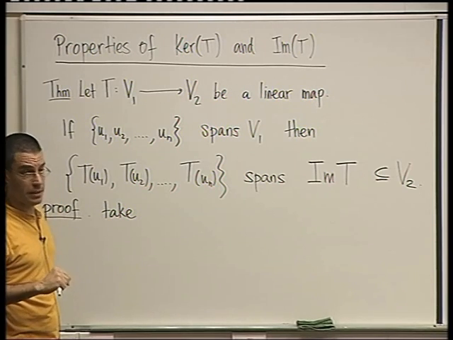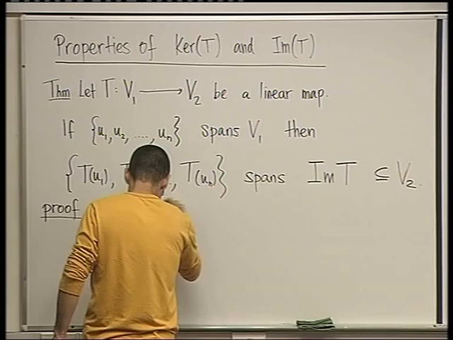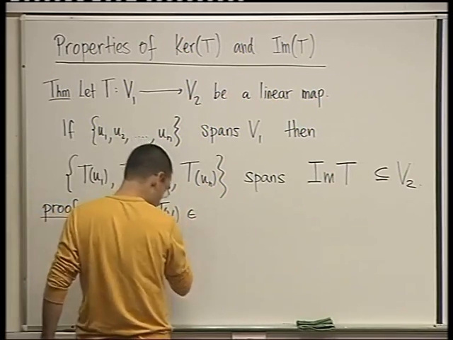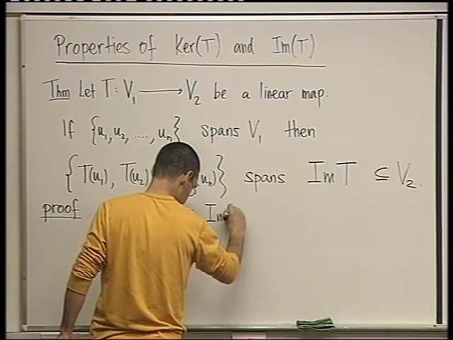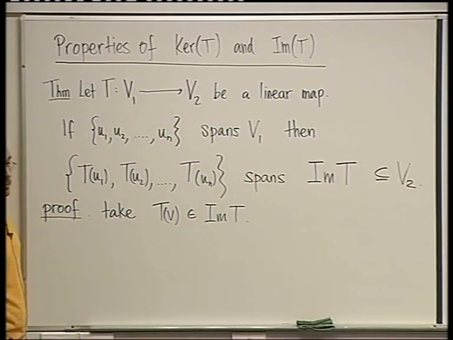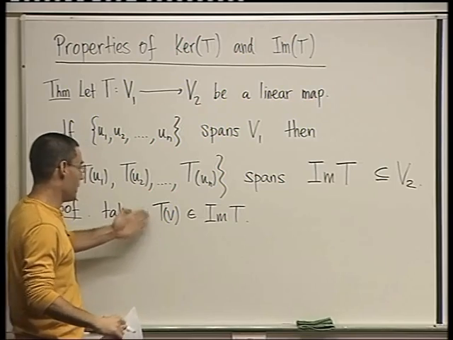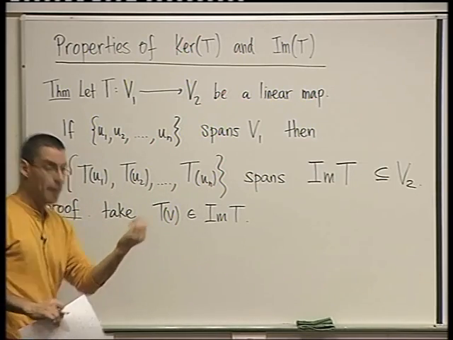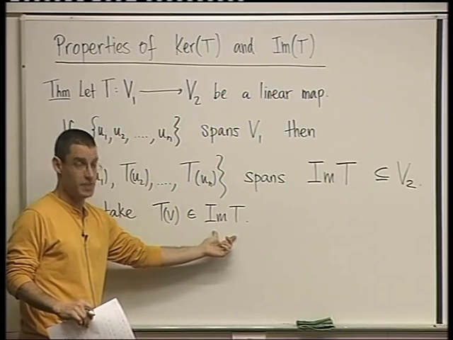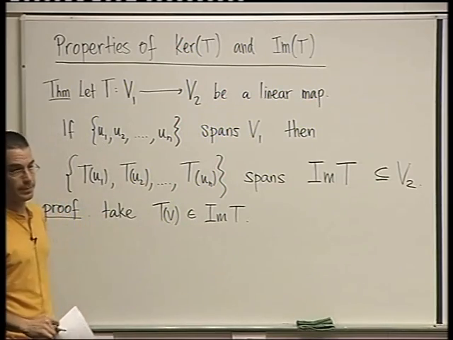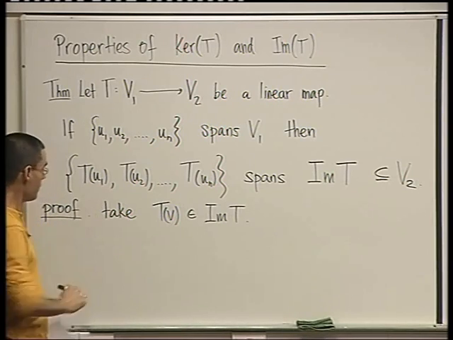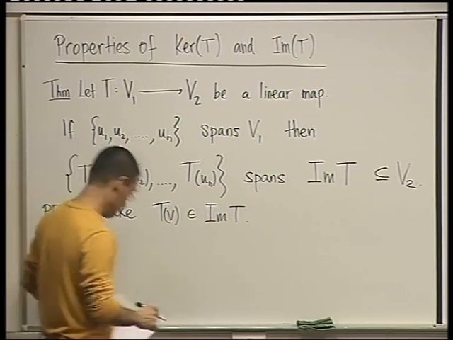It's T of something, right? So take T of V. This is a general element in the image. I could say take some W in the image, but that's not capturing the fact that it's in the image. If it's in the image, it's T of something. That's what it means to be in the image, right? So take T of V in the image.